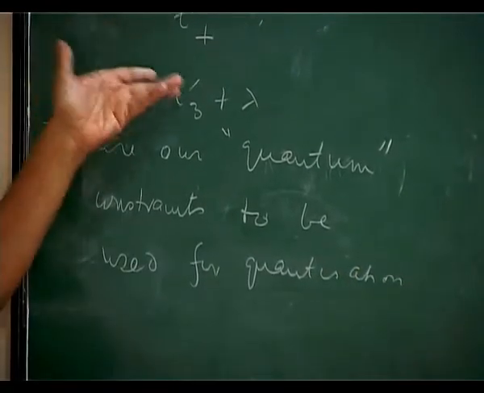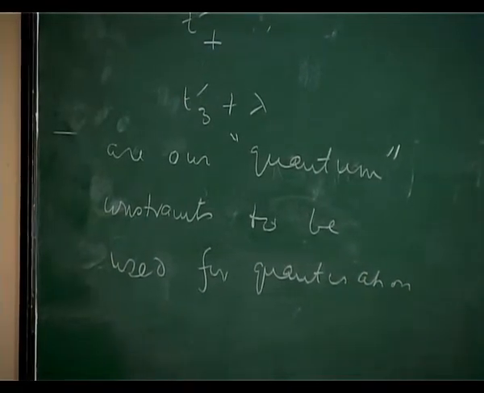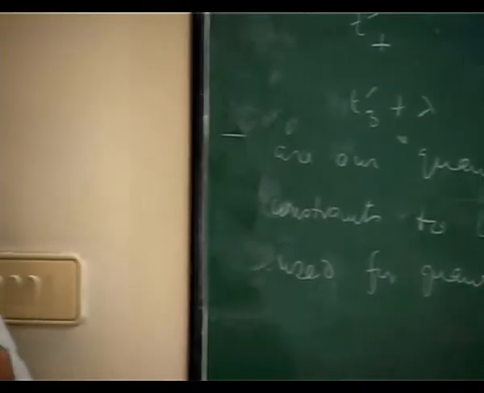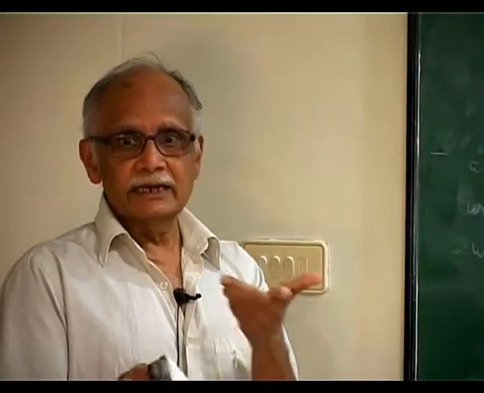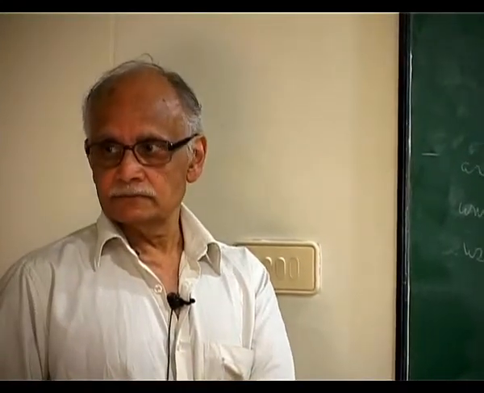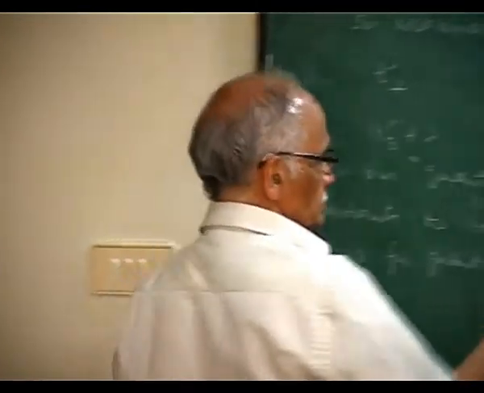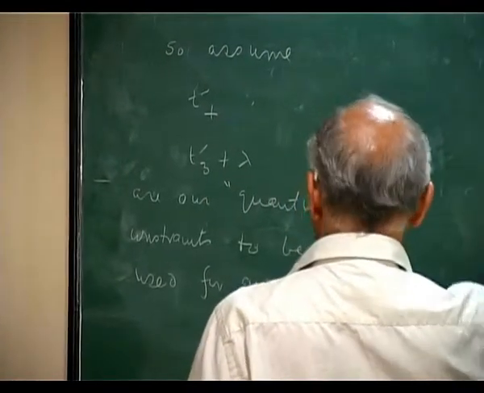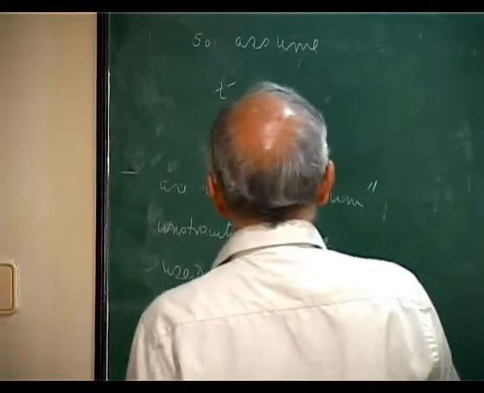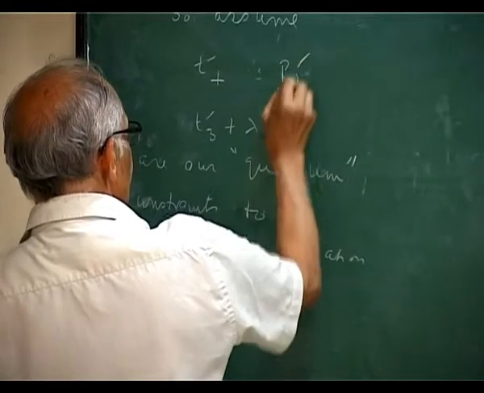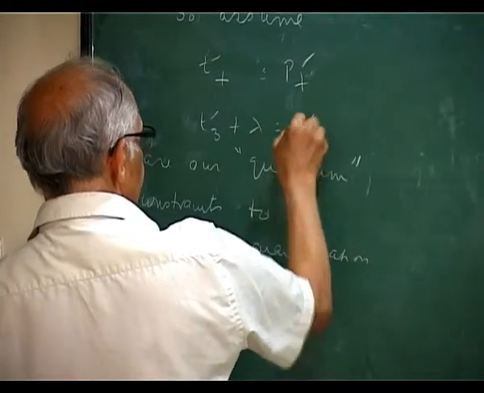Classically, if you write like this, you can take real and imaginary parts. But if you apply an operator on a quantum state, you cannot take real and imaginary parts of that quantum operator. So why do I do it? Let me call this P plus prime and P3 prime.